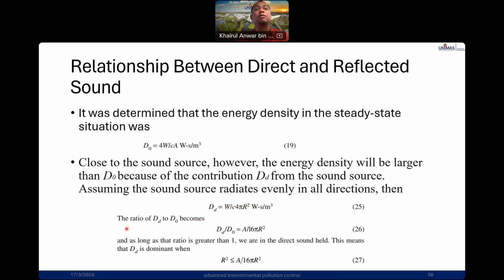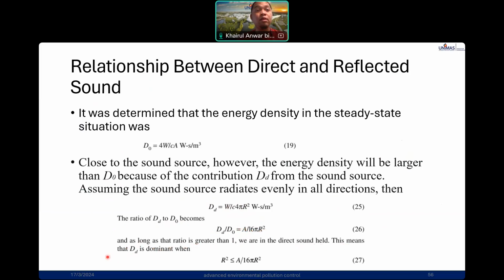The ratio of D to D naught becomes D over D naught equal to A over 16 pi R squared, where A is the total absorption. As long as the ratio is greater than 1, we are in the direct sound field.